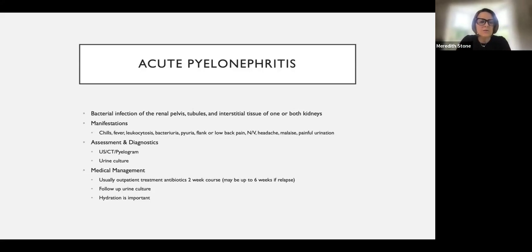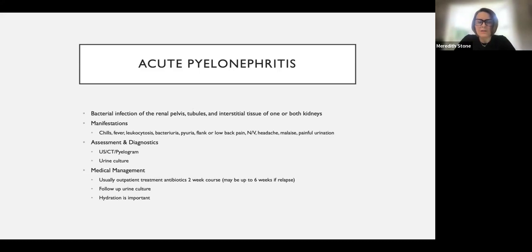This is going to be diagnosed through urine culture, but also typically through visualizing with a CAT scan or ultrasound, or pyelogram, looking more at the kidneys. Even though this is a different part that is infected, the treatment is typically going to be the same, except it's a longer course of antibiotics.